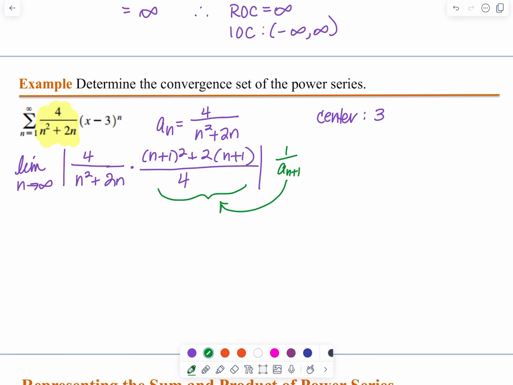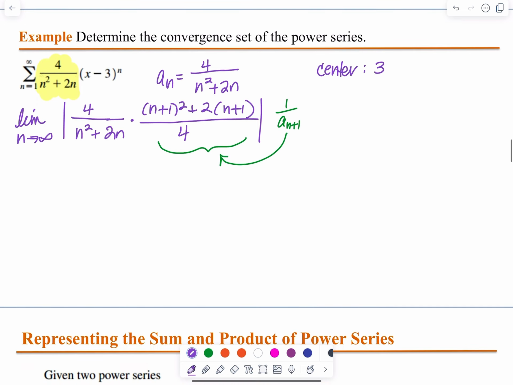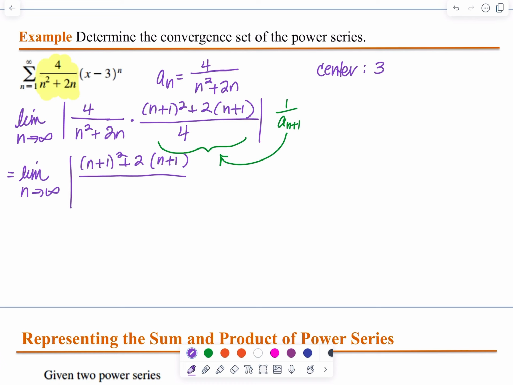Okay, so now we have the limit as n approaches infinity, and we will go ahead and write our (n plus 1) squared plus 2 times (n plus 1) divided by, since our 4's will cancel, n squared plus 2n.